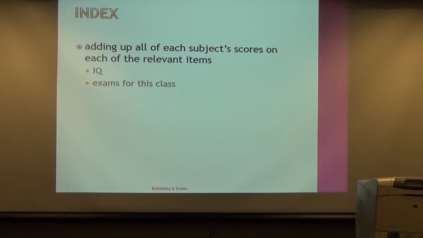All right, so an index is what we do when you take an exam for most classes, right? I'm asking for your knowledge of U.S. history from 1860 to 1750, right? That's my construct that I'm measuring, and I'm going to give you this 100-point multiple choice test.